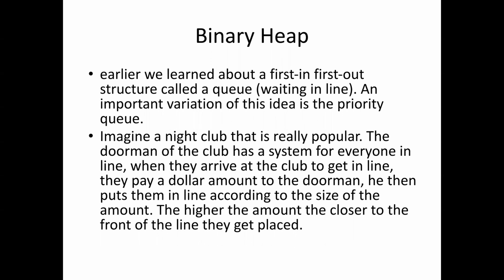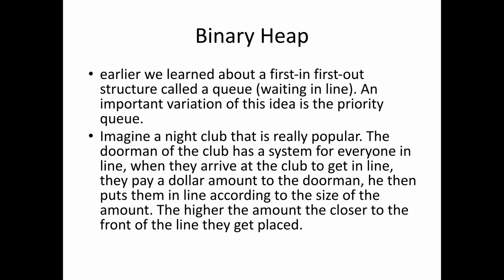Okay, so in the earlier chapter, we talked about a queue, or a first in, first out data structure. When people are lined up in the queue, the one at the head of the queue will be served first. So first in, first out. Now, sometimes we not only need a queue, but also want to assign a priority to the members in the queue.